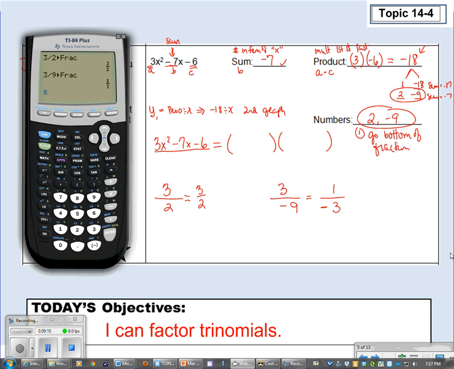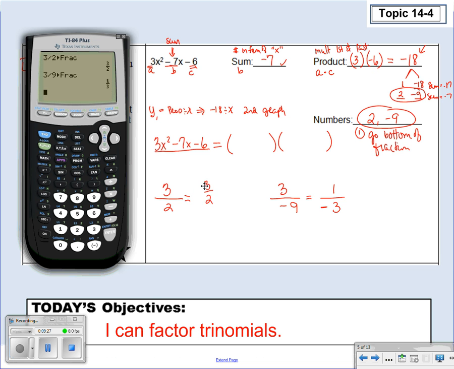Now that I have reduced this fraction, now I can write my factors. The fractions are what help me determine what numbers go into the parentheses. So the top number of the fraction will go in first. It's 3, and then follow it by an x. The bottom number is what's going to go in second. So this is a positive 2, so I'll put plus 2.